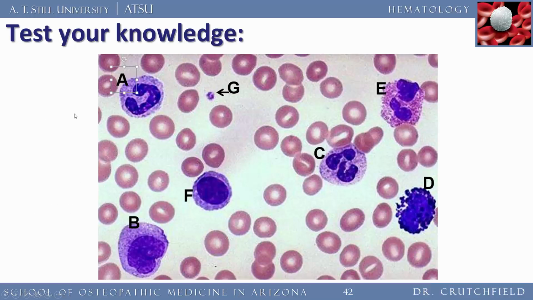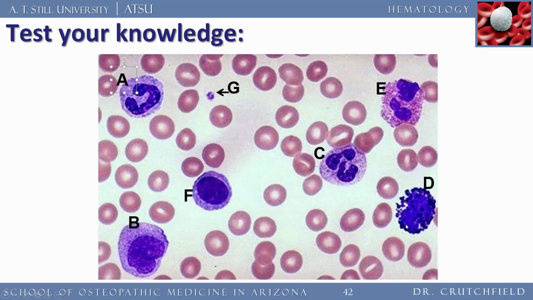So let's take a look at this. Here we can test our knowledge, and I'll tell you that on the presentation for this, the answers are found in the notes section. So this is a platelet. This guy here is a stab or a band. This is a polymorphonuclear leukocyte.